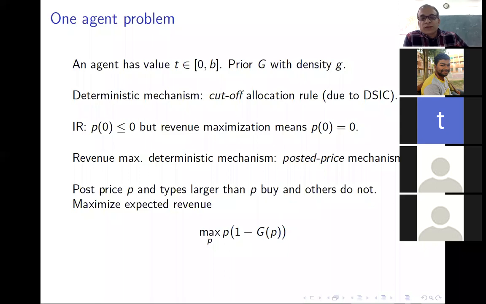If it's too low, then the revenue will be too less. And if the price is too high, then the revenue will again be low because very few types will buy. So in the multiple agent model, it's not even clear that it will be a posted price mechanism. It might be a more complicated mechanism.